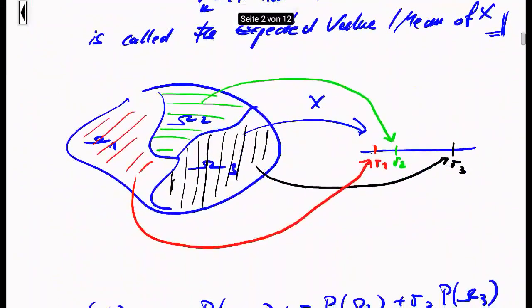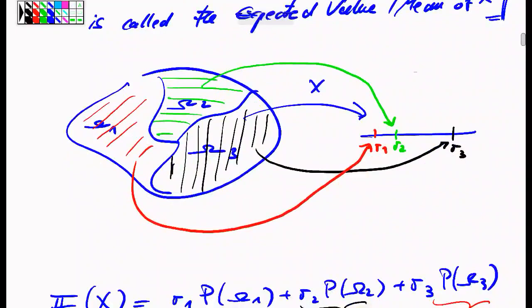Now look at this from a schematic, geometric point of view. If a random variable is simple, then we can decompose the set of all realizations into those subsets which are the corresponding pre-images of those finitely many image points. Since there are only finitely many image points under the map X, the set omega can be decomposed into finitely many pre-image sets.